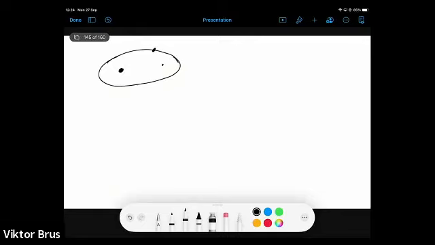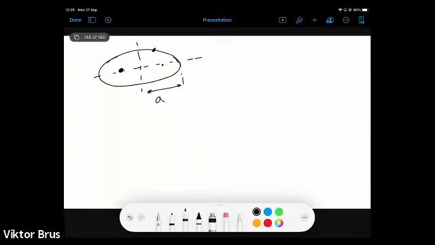So this ellipse is the trajectory of the planet moving around the sun. There are some characteristics of this ellipse, and one of the most important ones is, let's say A, the semi-major axis of the ellipse.